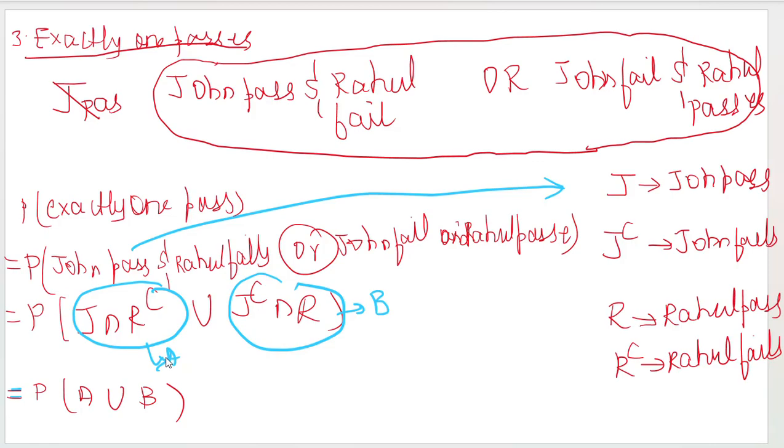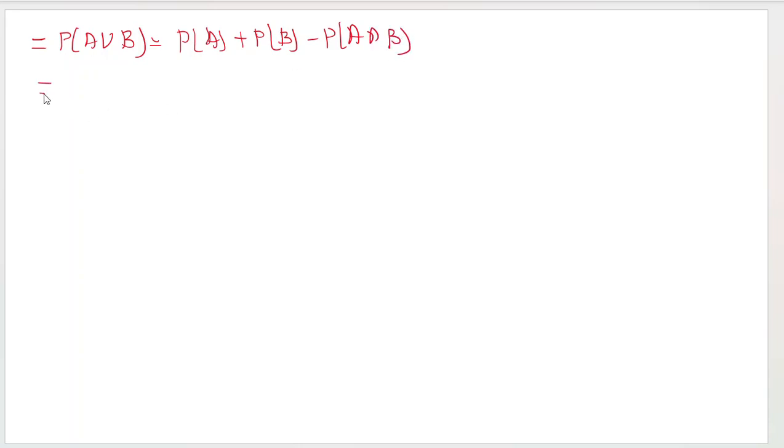Now we copy this part again. Here we have P of A union B. We know the formula for P of A union B. It is P of A plus P of B minus P of A intersection B. Now we replace A by its original definition.